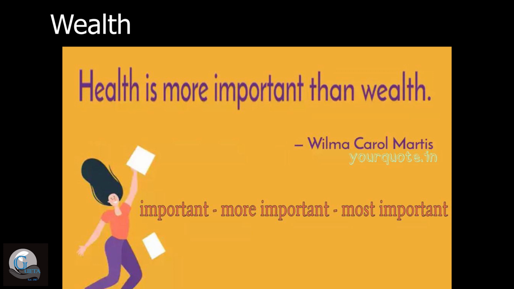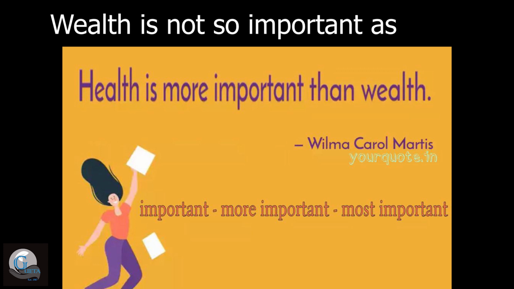Reversing the order of the nouns that are being compared, use wealth as the subject of the positive degree sentence. Use an appropriate form of the linking verb be in accordance with the subject. Place not after the linking verb to make it a negative statement.